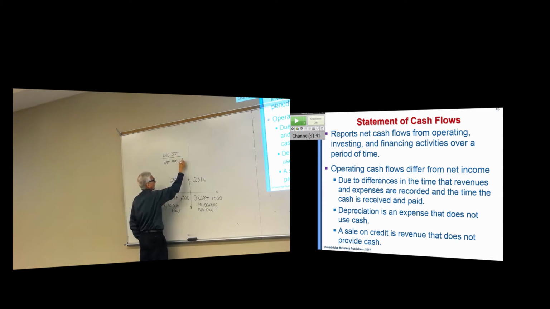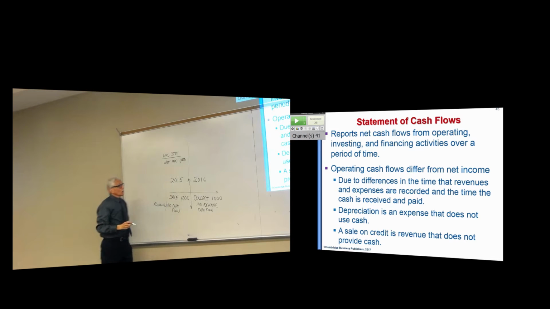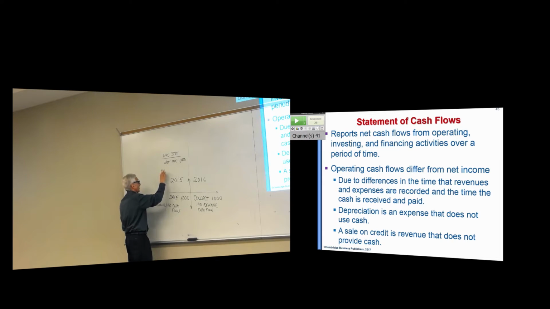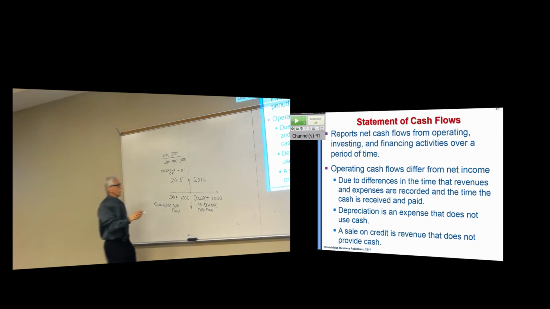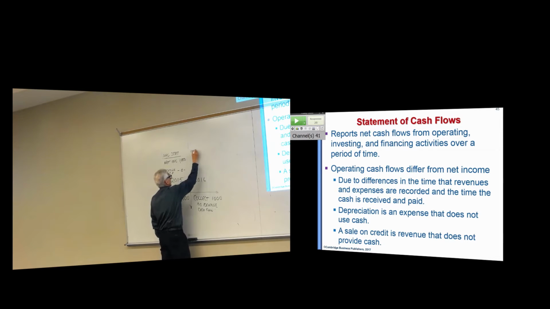Let's say you have no other expenses, no other revenue. So your income statement is 1,000, and your operating cash flow is 0. In the next year, income statement has net income of 0, but has operating cash flow of 1,000.